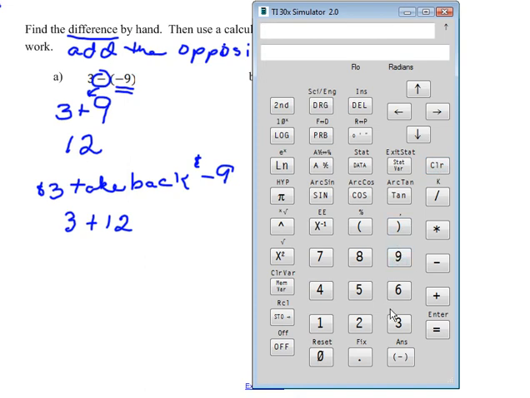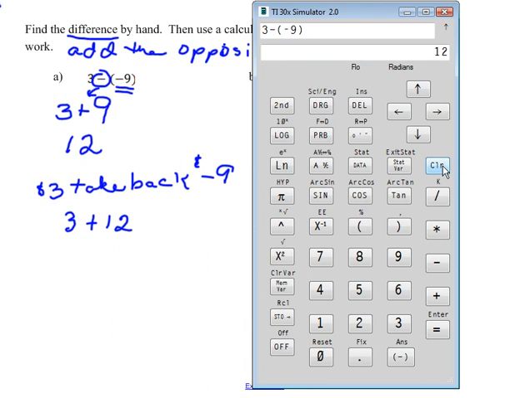So our first problem, we had 3 minus negative 9. So we're going to enter in 3, and then I'm going to subtract. And now I'm going to enter in negative 9. Now we could certainly put this in parentheses, just like it is written in the problem. 3 minus negative 9 with parentheses around that, and we end up with positive 12, just like we did when we came up with it by hand.